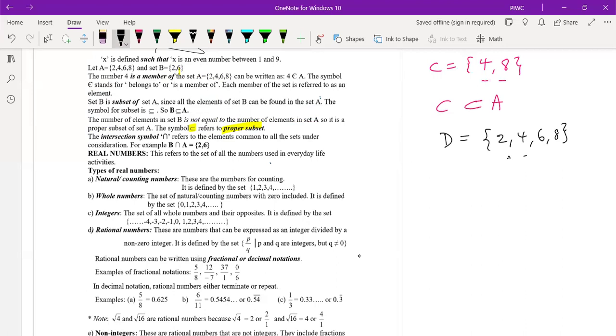All the numbers here, I can find them in A. So D is a subset of A. That would be true. But it's not going to be a proper subset because I have 4 elements here, and the same 4 elements here. So this is not a proper subset. So we can write this as D is a subset of A.